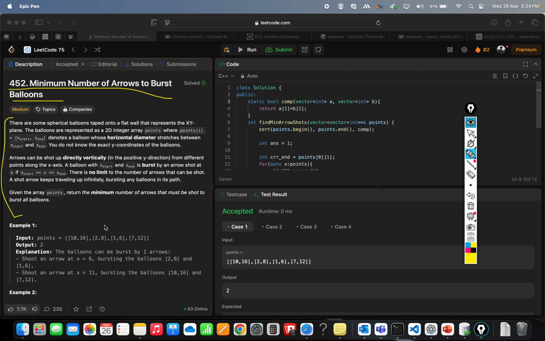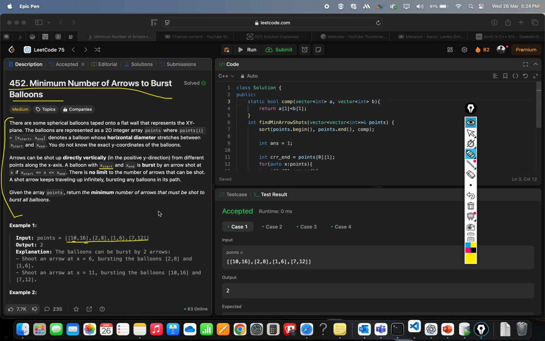So okay, the problem is we are given these range intervals, right? And it is stated that this is x start, this is x end, and we'll throw an arrow, right?